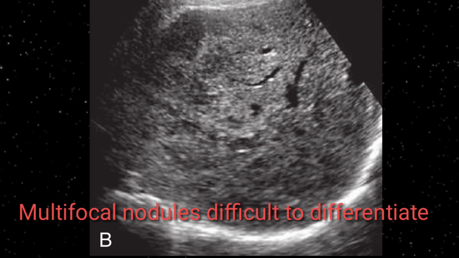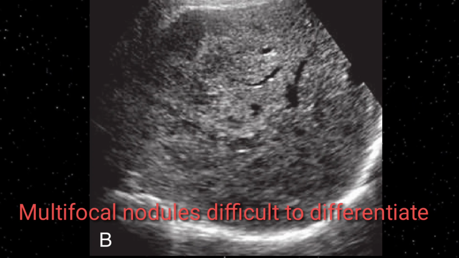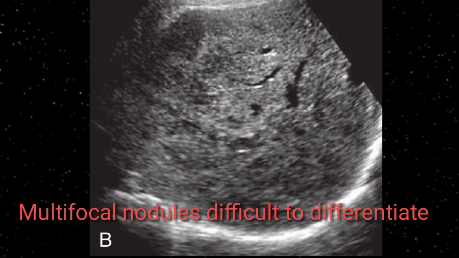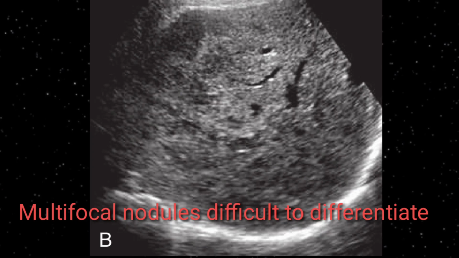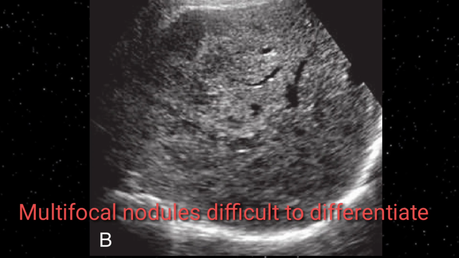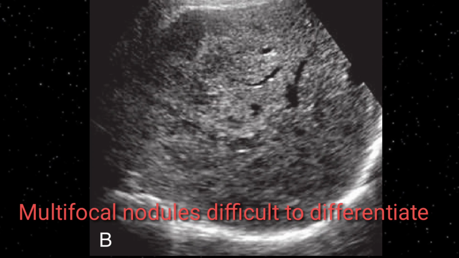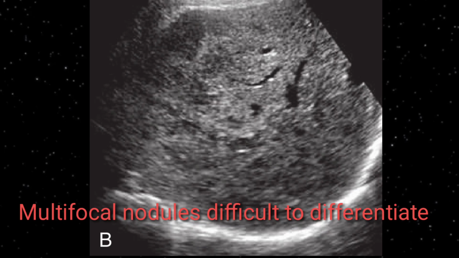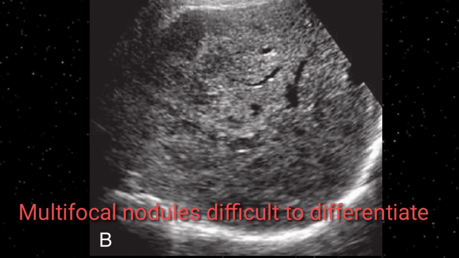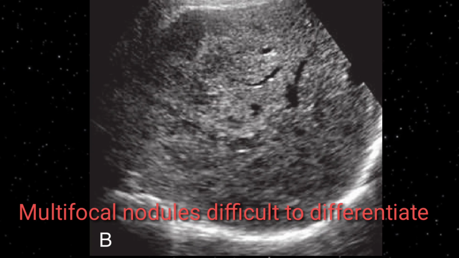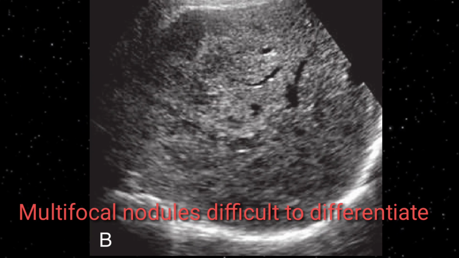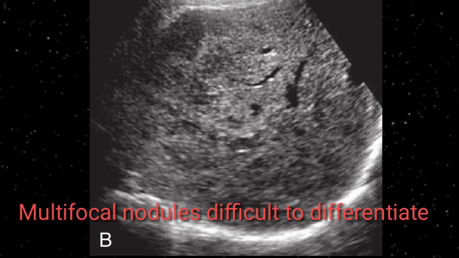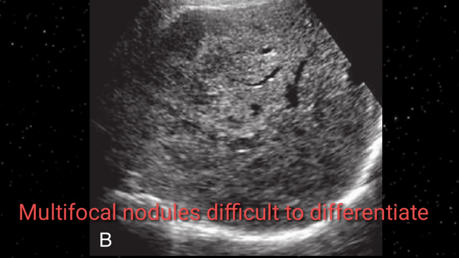Again, this other slide shows a cirrhotic liver. Coarseness of the liver is appreciable, although you can't appreciate the margins of the liver clearly in this slide. Hepatoma in this slide presents as multifocal nodules which are very difficult to differentiate from the surrounding liver parenchyma, and if the clinician is not an expert and has not seen such cases before, it's likely that he may miss this presentation.